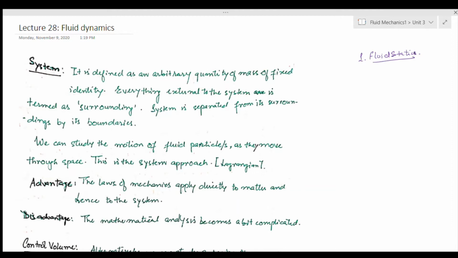So we talked about the hydrostatic equation, and the hydrostatic equation came out to be something in this way: the effect of pressure with respect to depth is due to the body force, which is due to acceleration due to gravity. So we came out with something like that, and that was our unit 1.